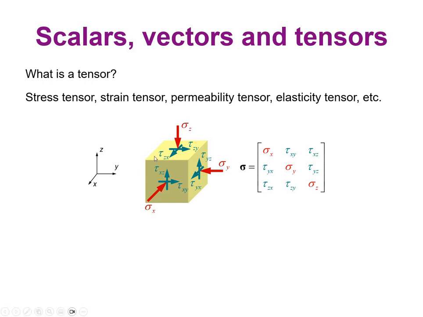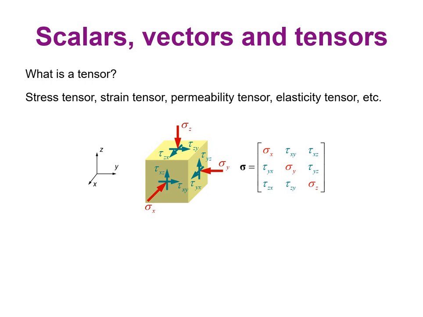Here you have this cube, which is very small, differential, as we say in mathematics, so it's as small as we need. And on this cube we have defined 3 components of axial stresses, sigma x, y, and z, and we have 6 different components for the shear stresses.